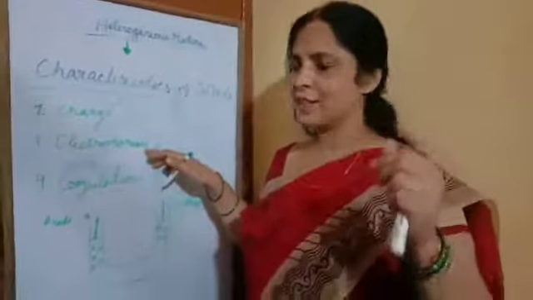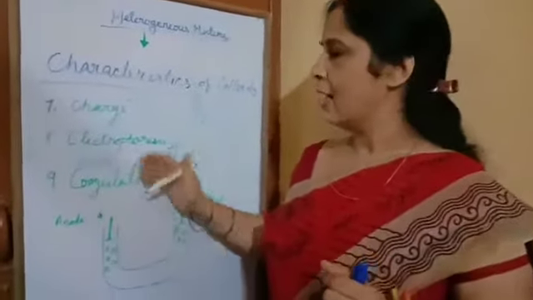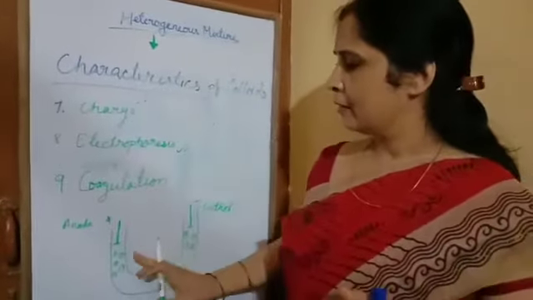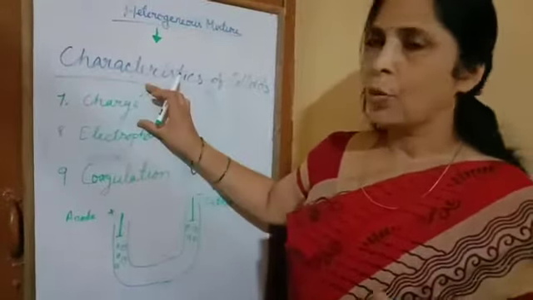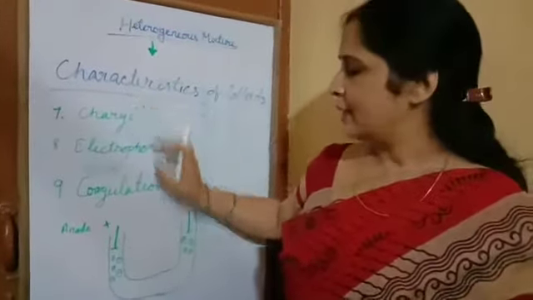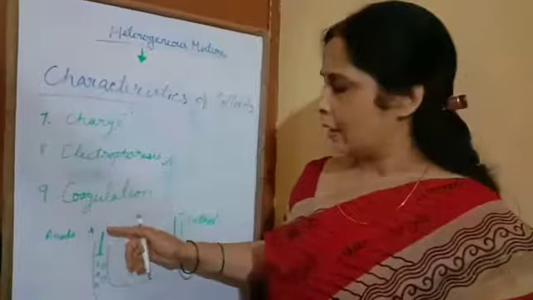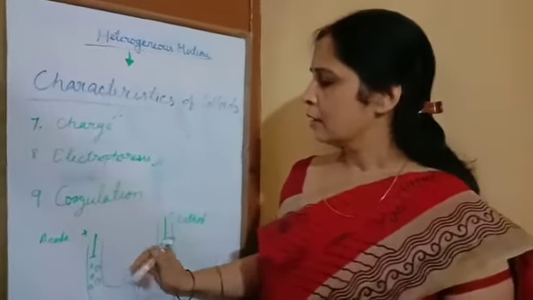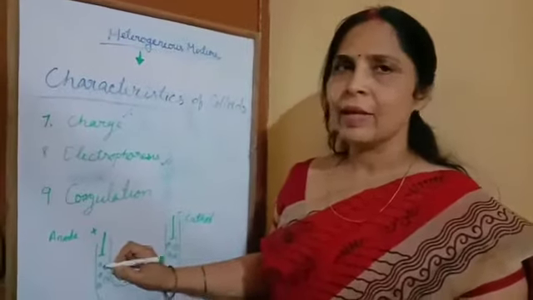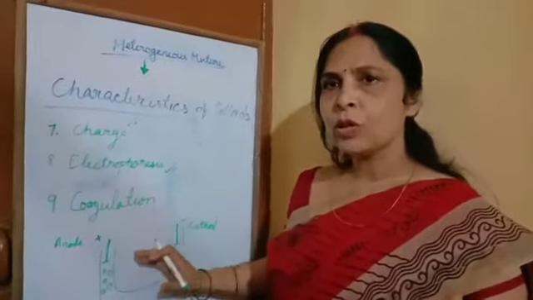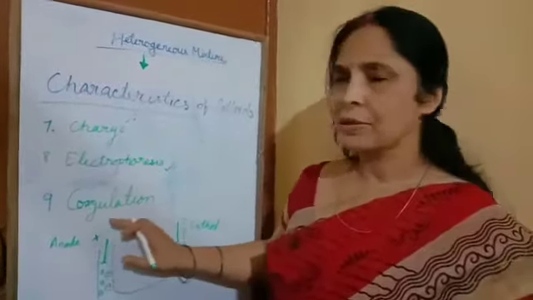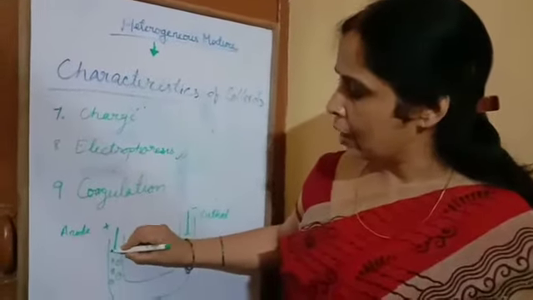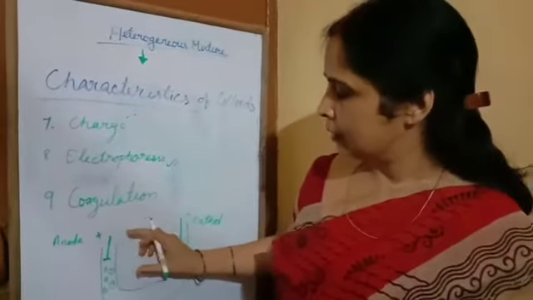Electrophoresis. First I explain what is electrophoresis. You know that colloidal particles carry charge. When we conduct electricity through the colloidal solution, the charged particles are deposited at the oppositely charged terminal.